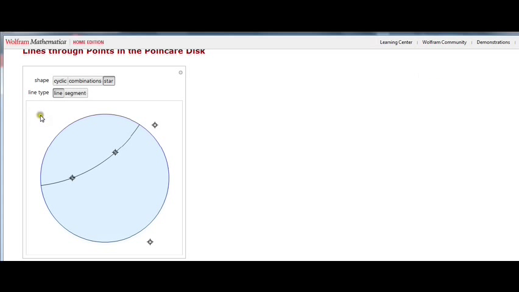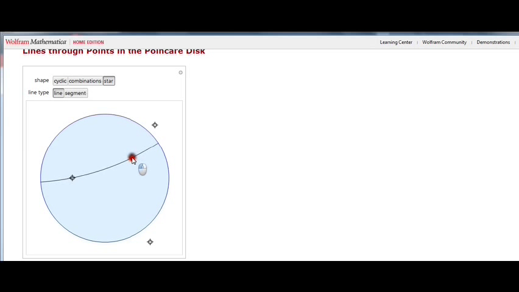Anyway, these are the points. This is a piece of software for simulation. These are the points. And the lines here are actually arcs of circles. And they're special arcs of circles in the sense that they always meet the edge of the circle at a right angle.